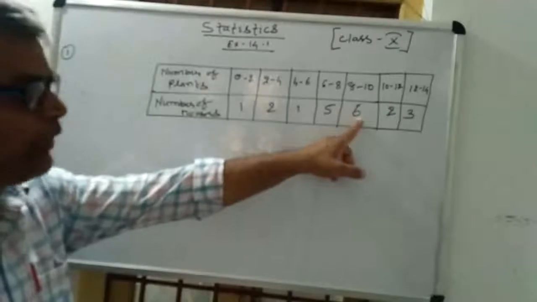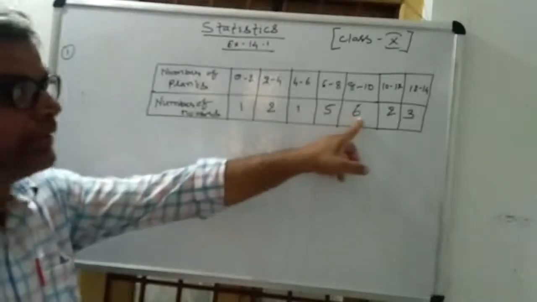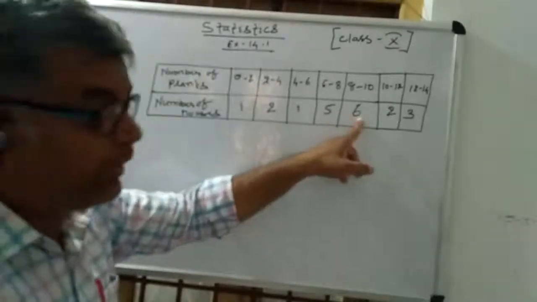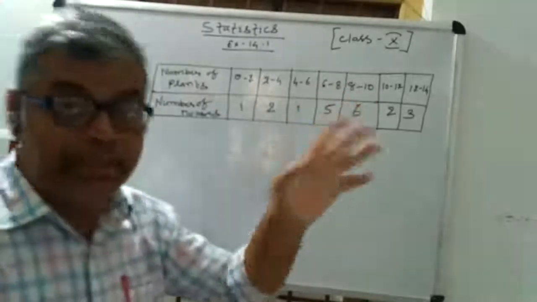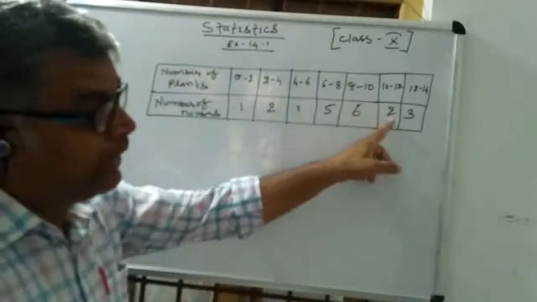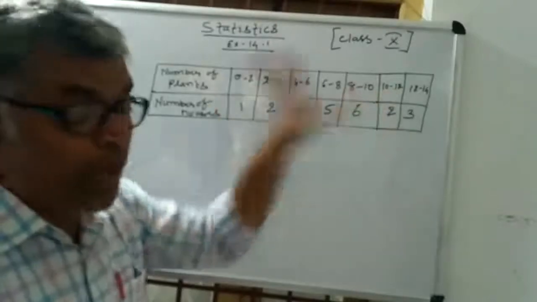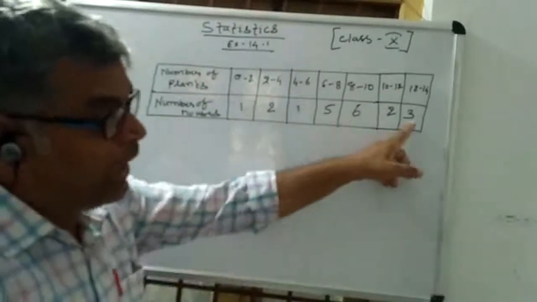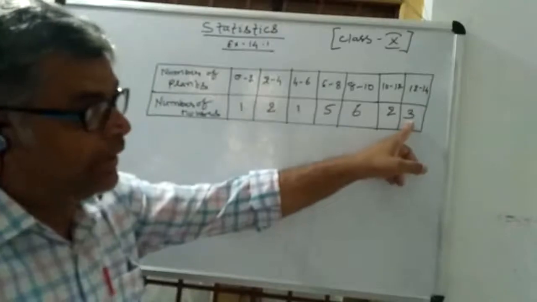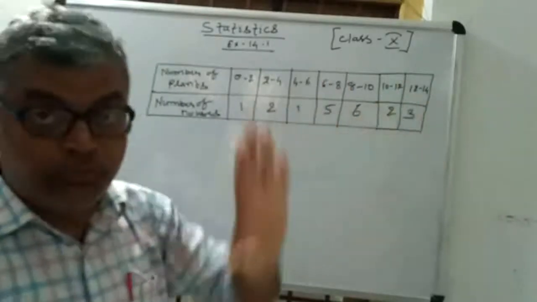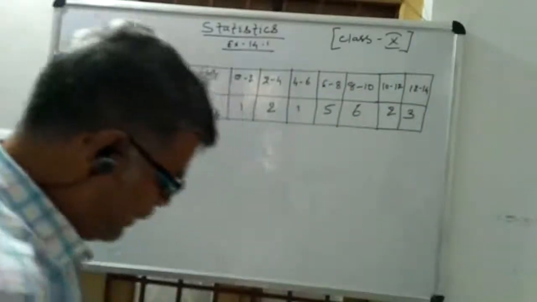Similarly, 6 houses have 8 to 10 plants, 2 houses have 10 to 12 plants, and 3 houses have 12 to 14 plants in the surroundings.